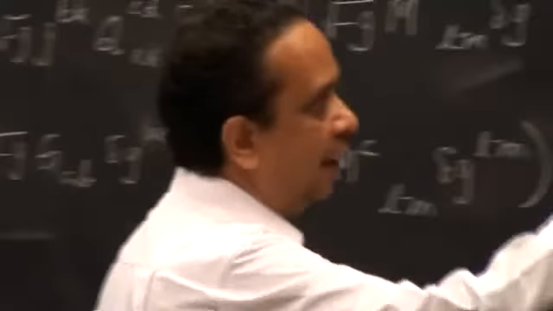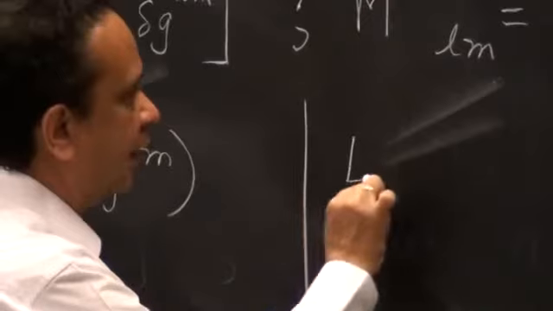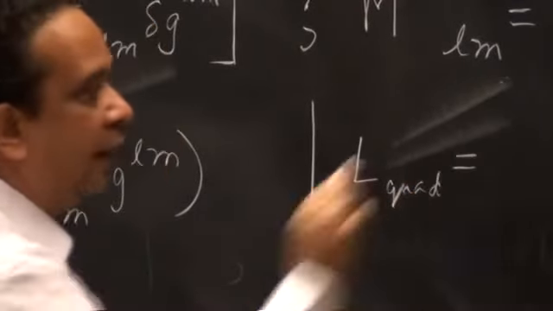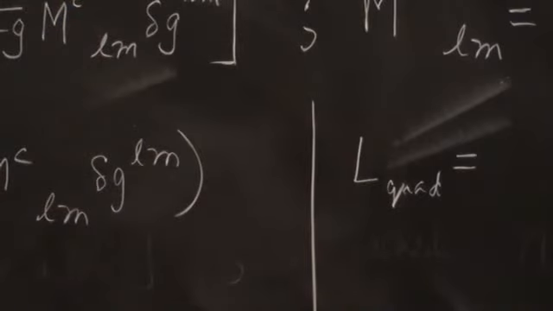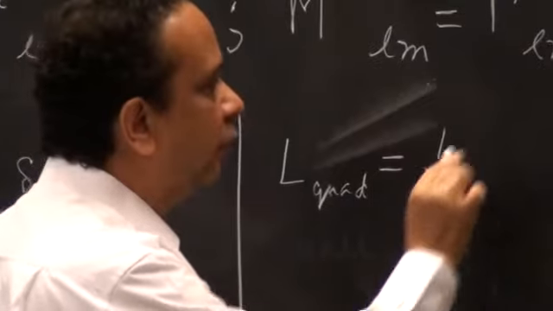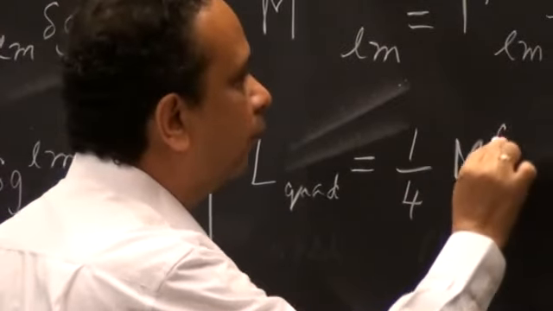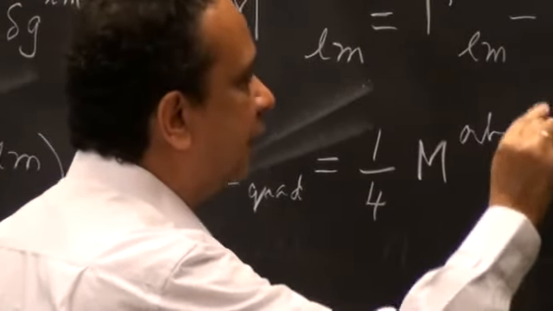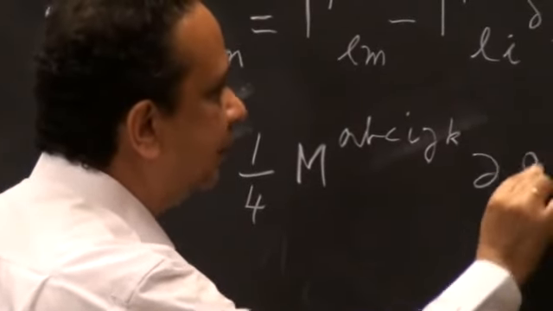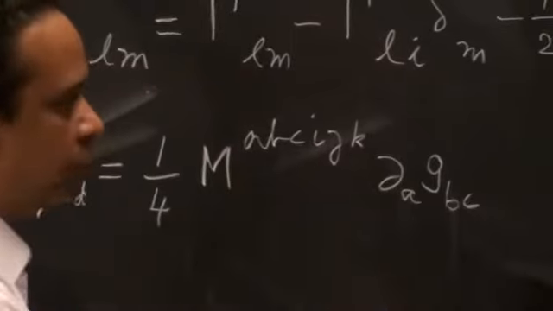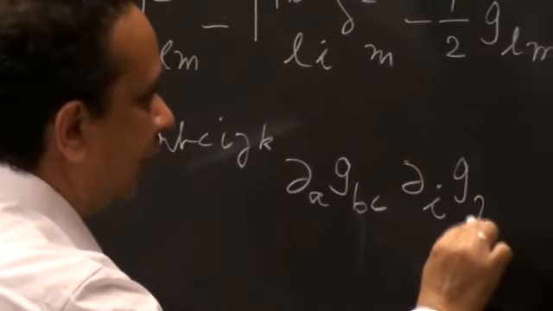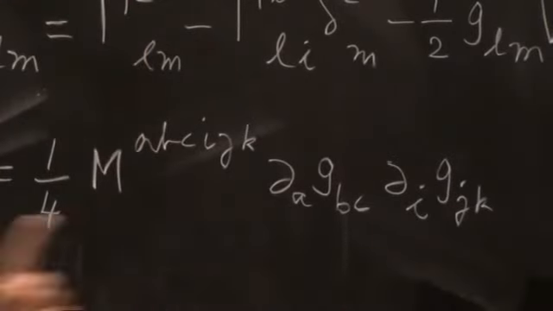I told you that there is this L quadratic. Now this L quadratic is of course quadratic in the first derivatives of the metric. So in principle you can write it as some 1/4, some M, ABC, IJK, dA of GBC, dI of GJK. Right?